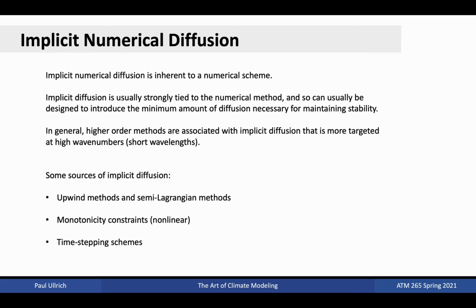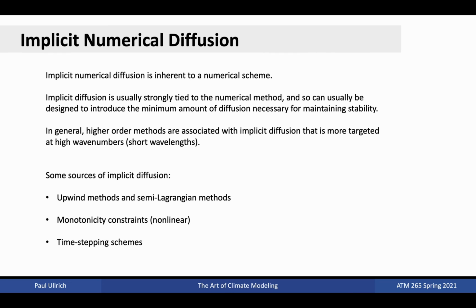Notably, higher order methods are associated with implicit diffusion that is more targeted to higher wave numbers, or shorter wavelengths. This is because these methods tend to be more accurate for longer wavelengths, and so do not need diffusion to counter unphysical effects in this part of the energy spectrum. Implicit diffusion arises from a number of sources. Upwind methods and semi-Lagrangian methods almost always feature implicit diffusion.